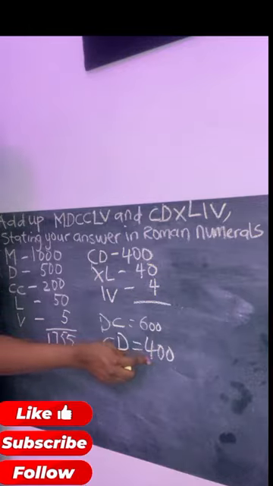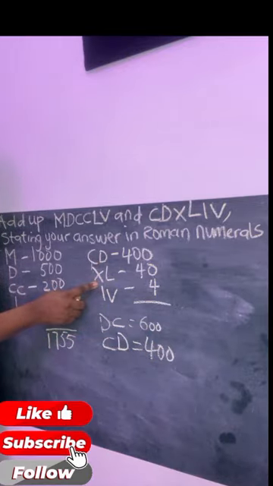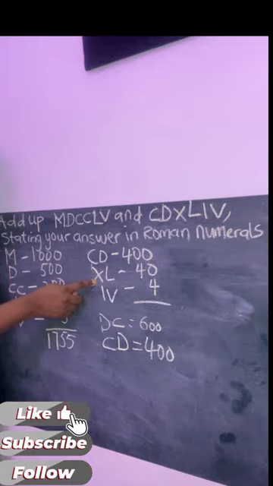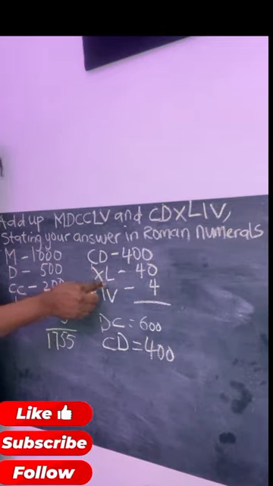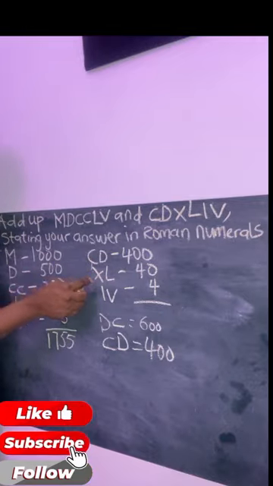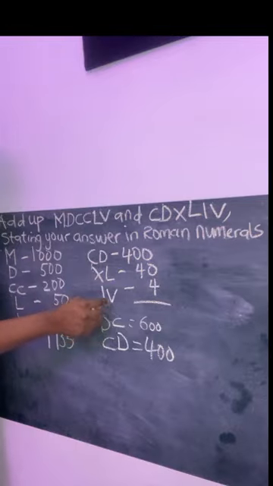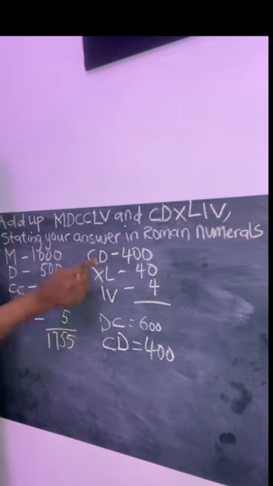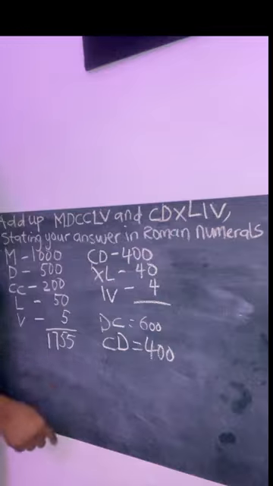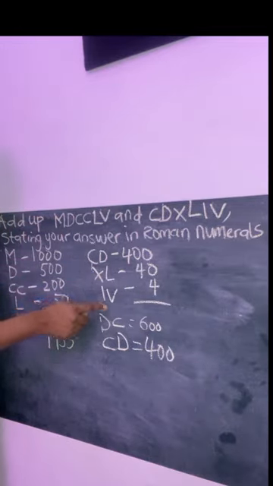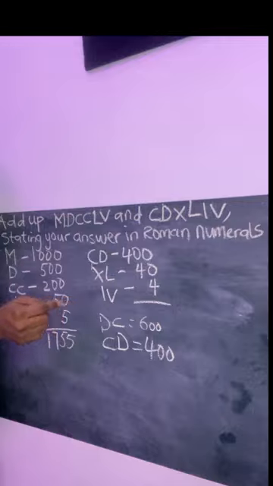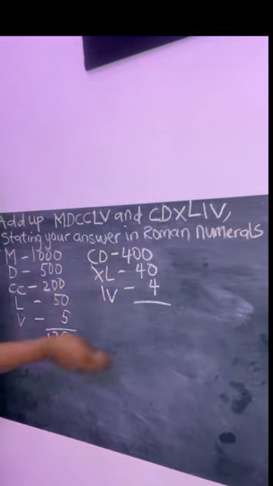Just like what we have here. 10 is a lesser number compared to 50. So anywhere I see XL, I should know that it is 50 minus 10, giving me 40. Anywhere I see I coming before V, the bigger number, it indicates 4. So IV stands for 4.